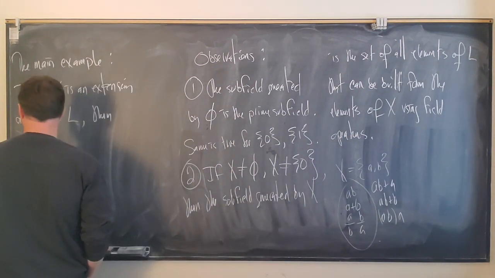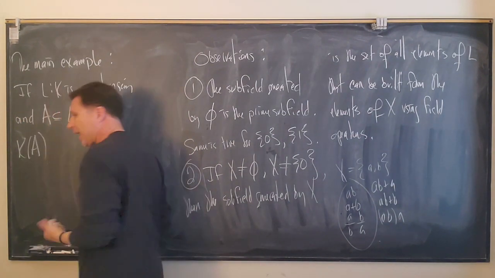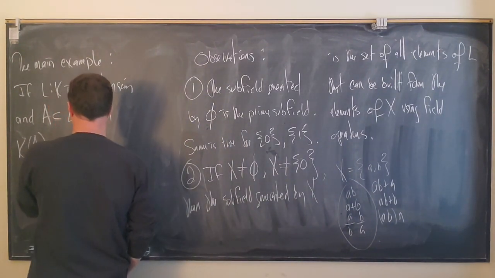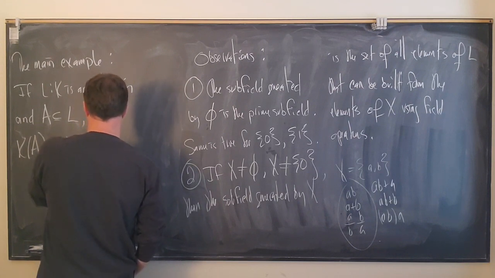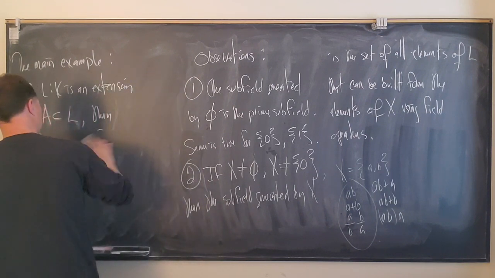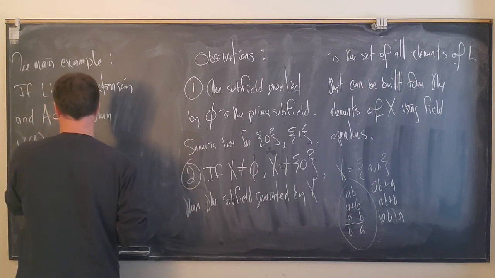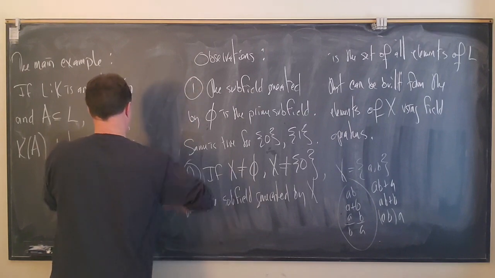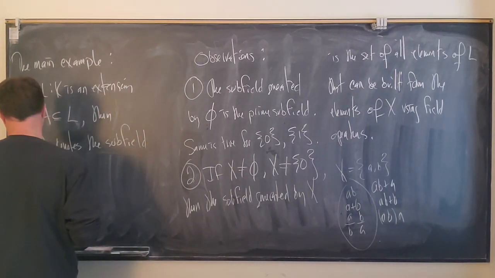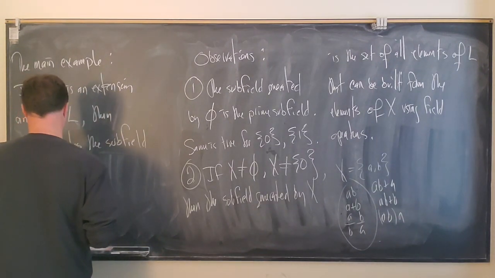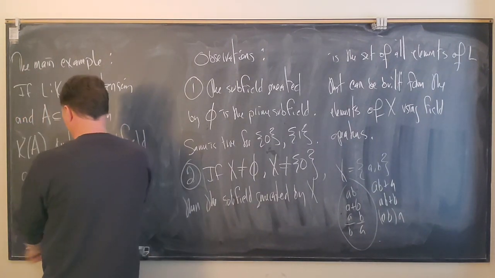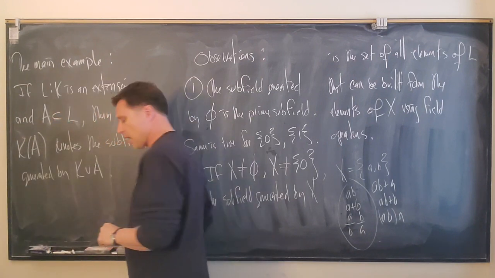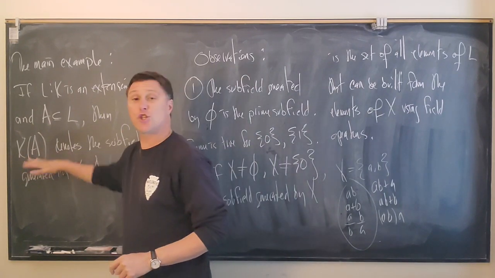K of A, or K parentheses A, denotes the subfield generated by K union A. And when you see this, you say K adjoin A.